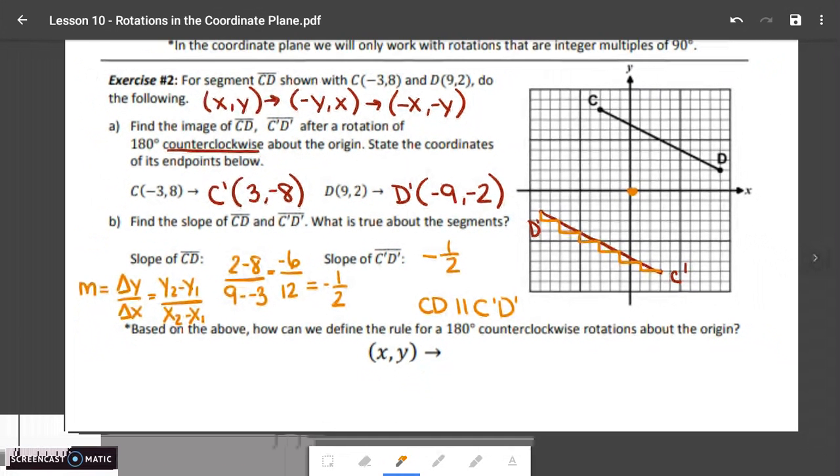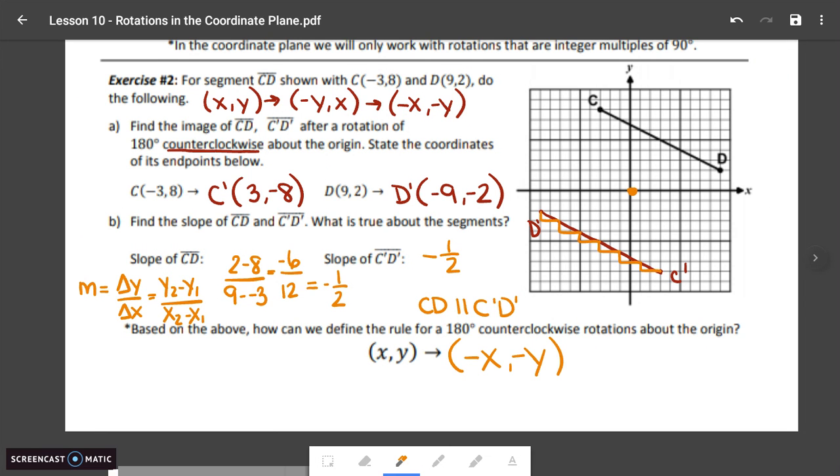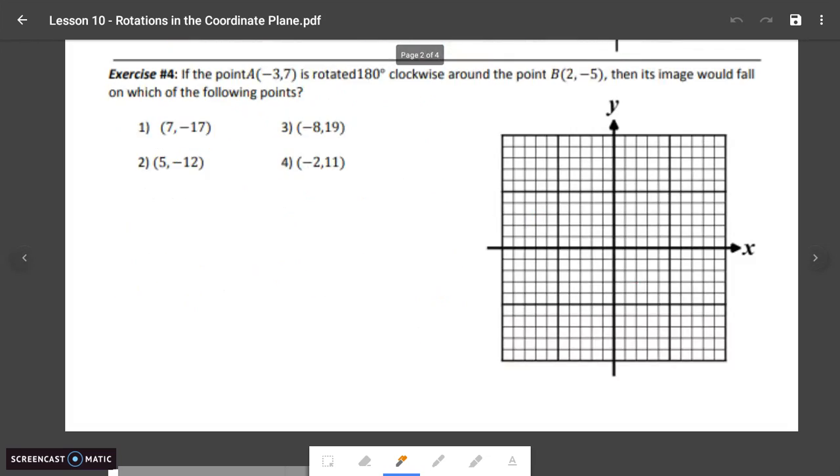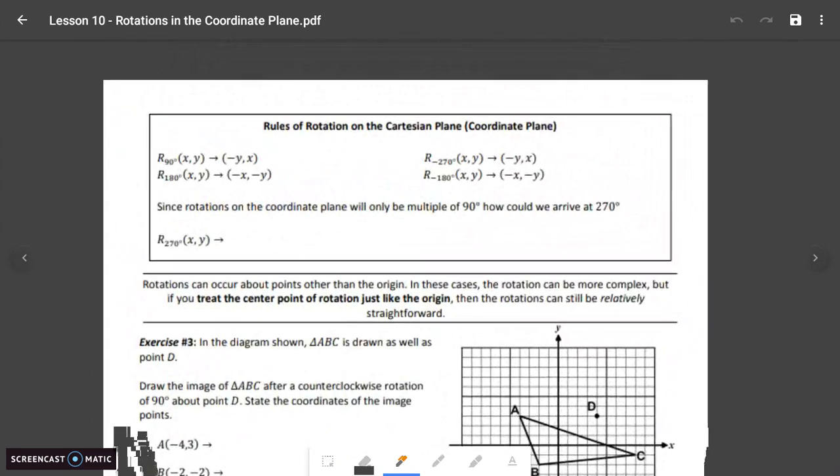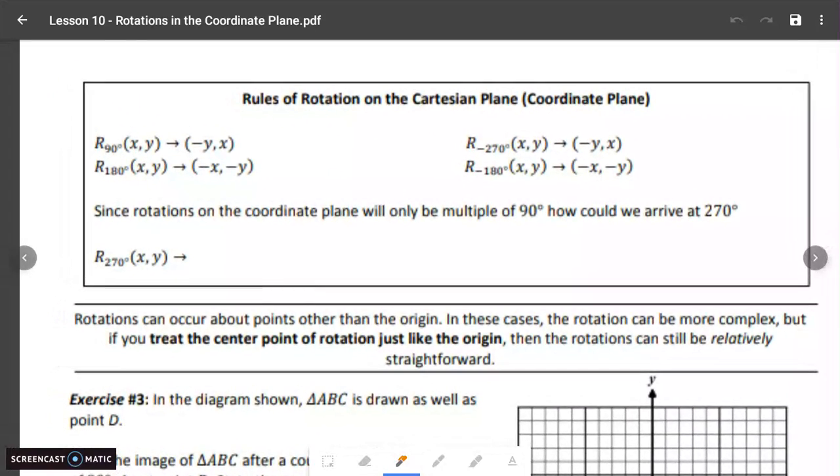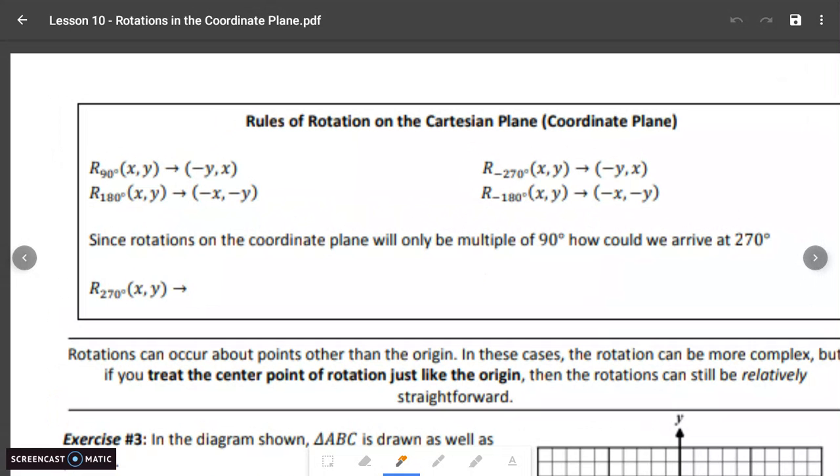Okay, so the rotation rule here is going to be negative x, negative y for 180 degrees. On the next page here, you'll see we do have a bunch of rules. We have 90, which we've already known. And remember, these ones are assumed to be counterclockwise.